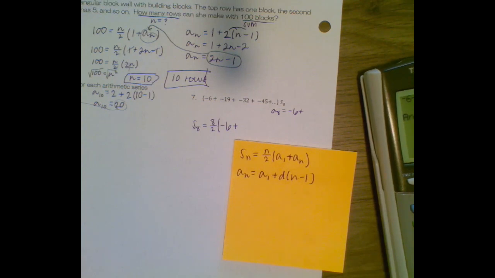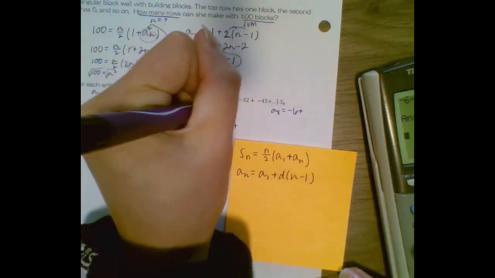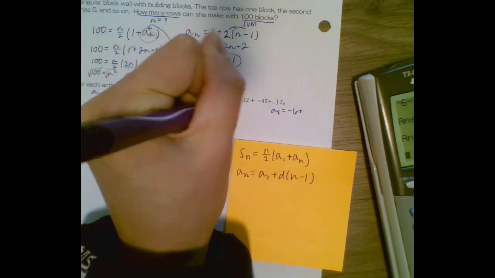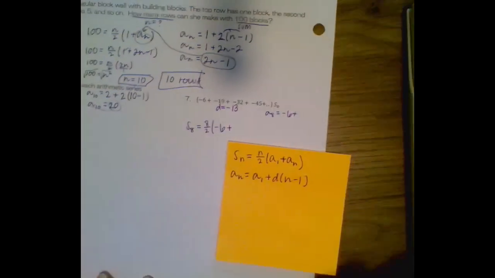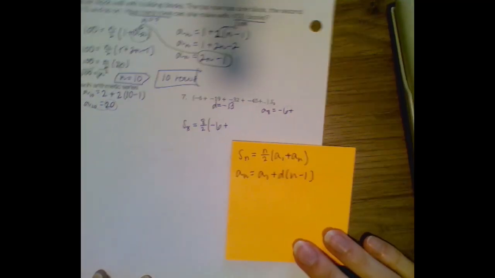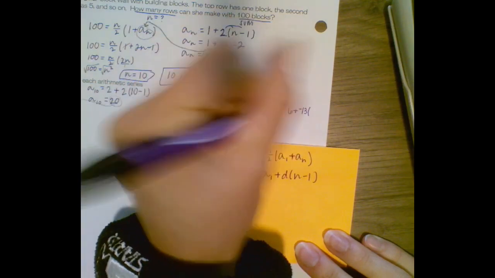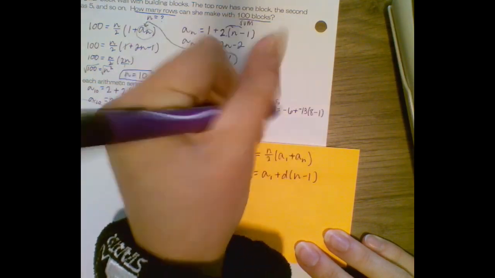Negative 19 minus 13 is negative 32. Yep. Negative 32 minus 13 is negative 45. So we're subtracting by 13 each time. So this will be negative 13, and it was 8 minus 1.